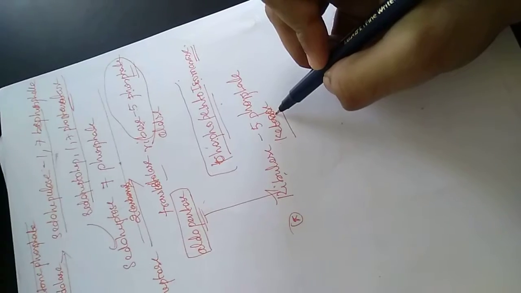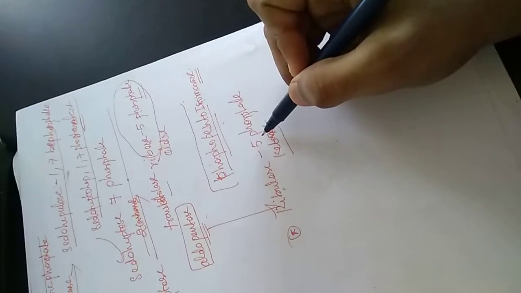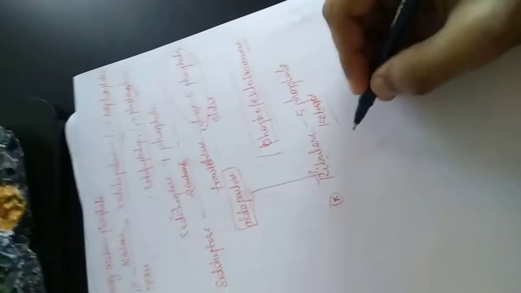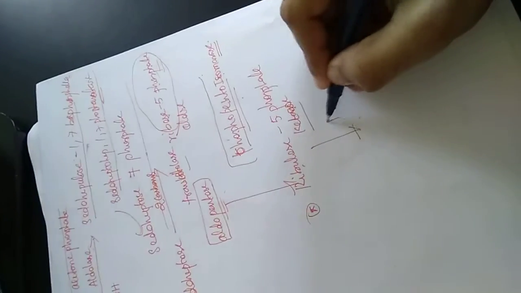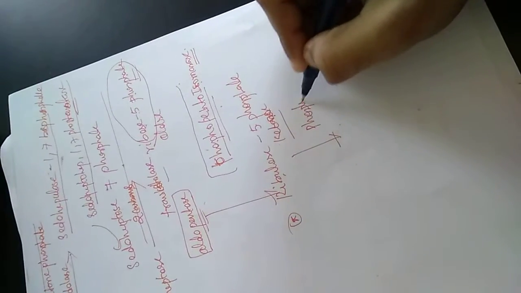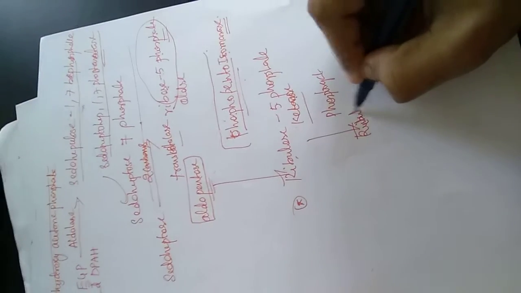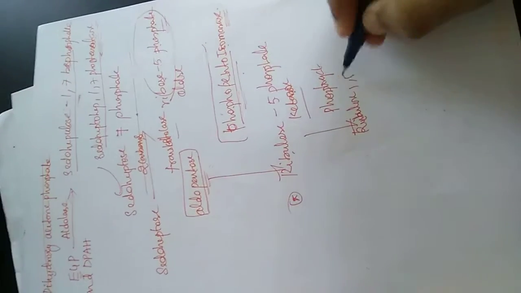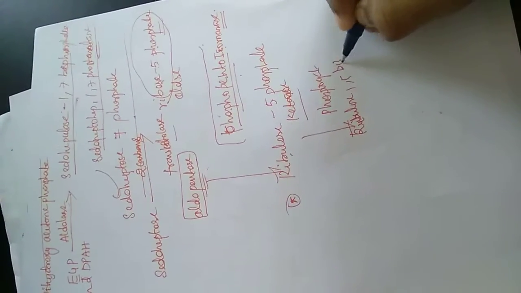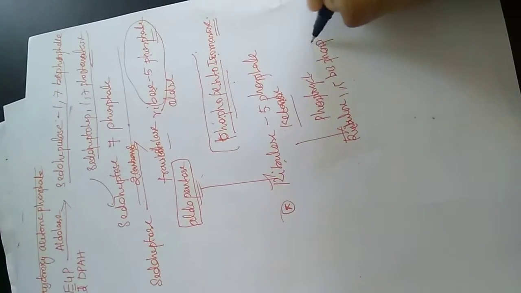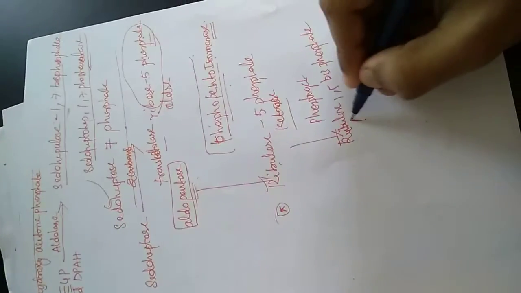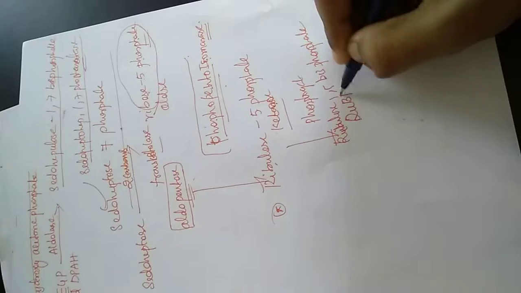So we get this ribulose 5-phosphate, and once we get it, that's the victory. We can again phosphorylate this to form ribulose 1,5-bisphosphate. And this is RuBP.